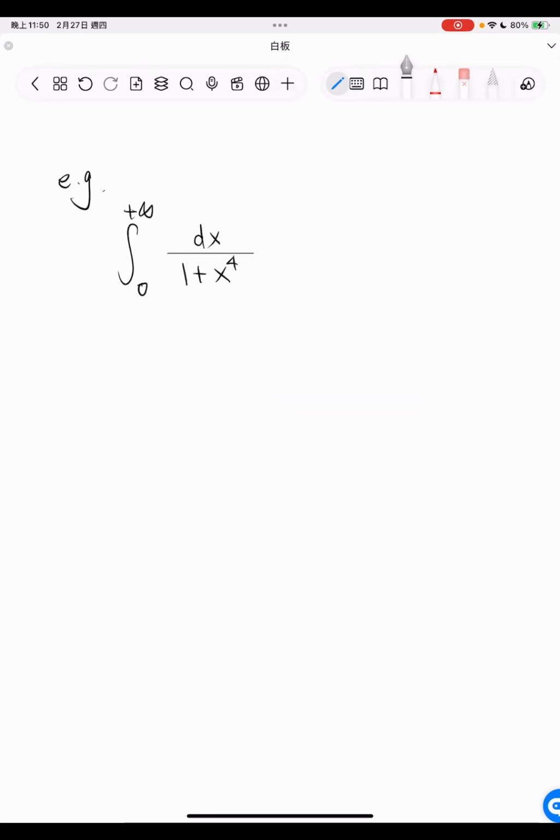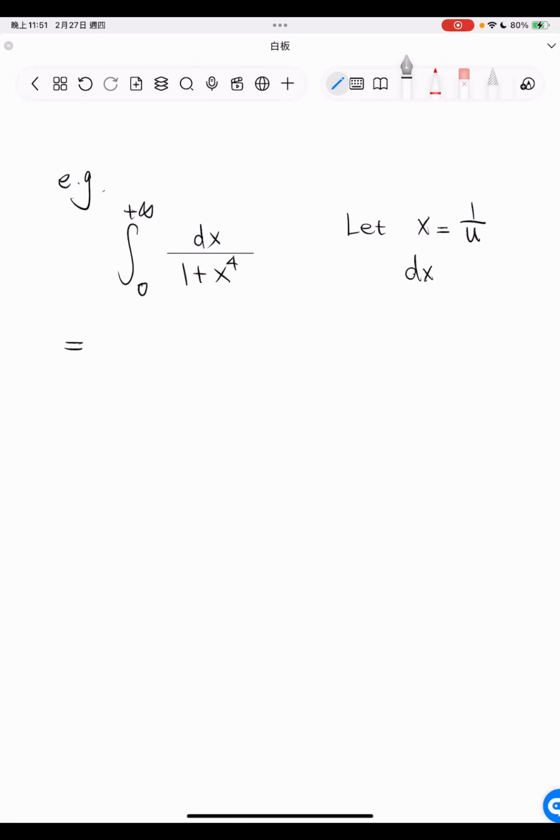Okay, so let's look at an example. The integral from 0 to infinity of 1 over 1 plus x to the fourth power dx. First we use integration by substitution, where x is equal to 1 over u.